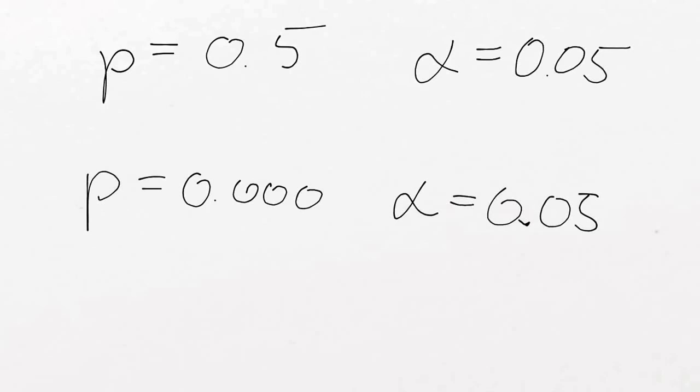P is low. P is so low that your computer can't even show you how low it is. So it's very, very unlikely that I picked it from just the same thing, which just differs by the sampling error. So the two samples are not the same.